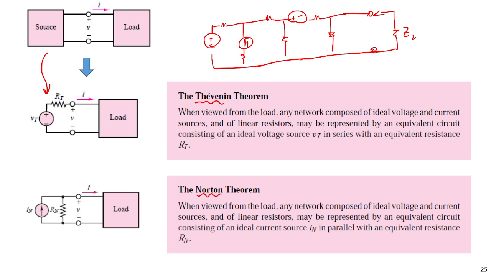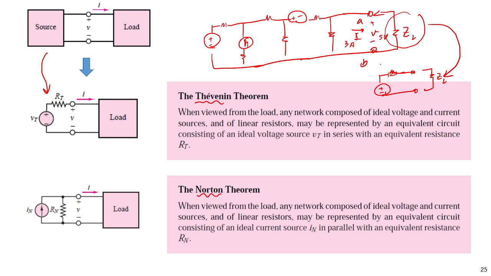How to do that? If I connect the device to A and B, the voltage and current flowing from this circuit is V and I, and it is equal to this circuit. If I connect one device to this circuit, I get, for example, 3 ampere and 5 volt.